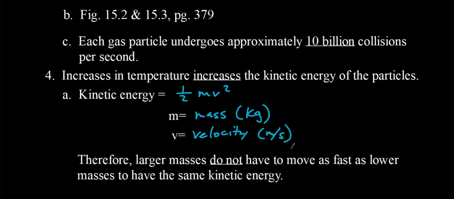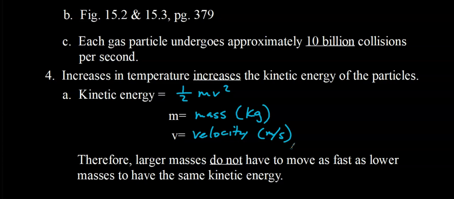So notice something here too. You have mass times velocity equals some constant kinetic energy. When the product of two variables is equal to a constant, that means those variables are directly or inversely related.